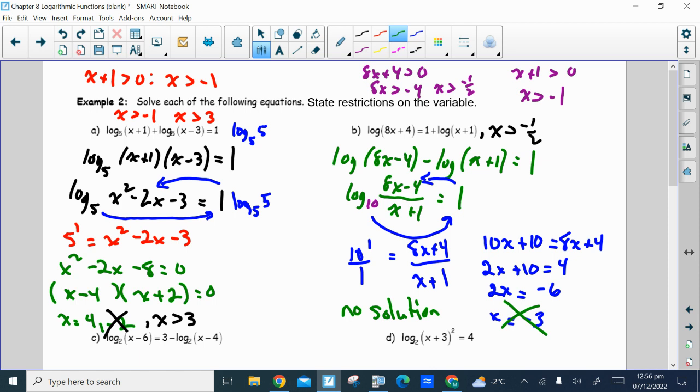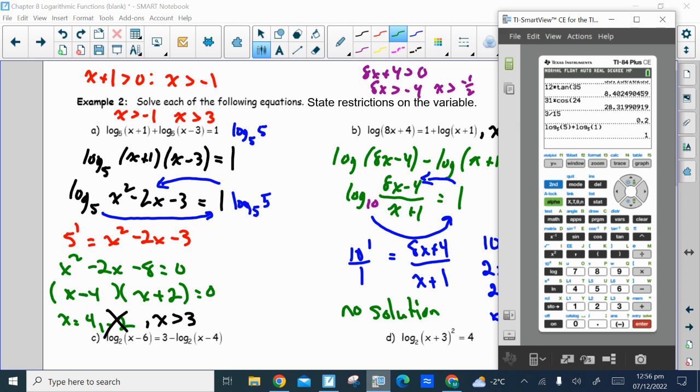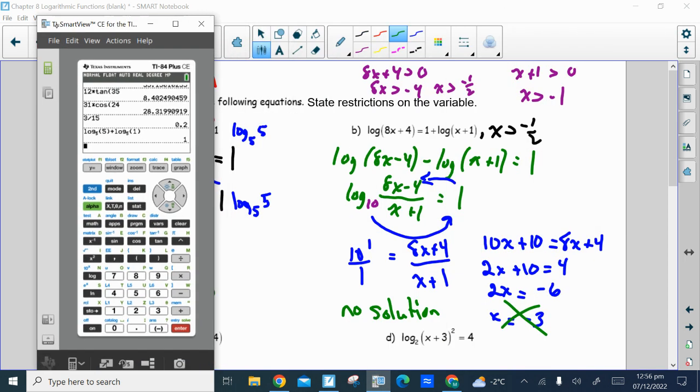And we saw this yesterday, that you can use your graphing calculator to check these. So let's do that for this one. The work we did is telling us there is no answer. No answer, no solution. No place where these two graphs equal each other.